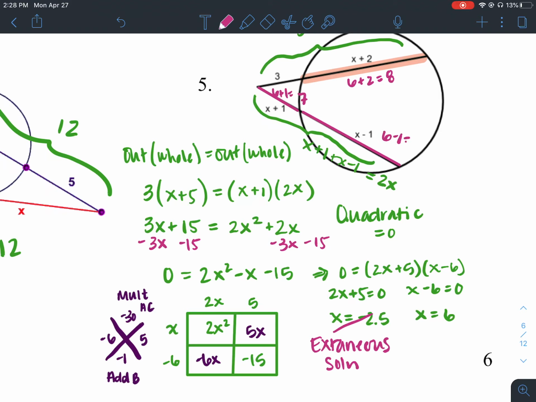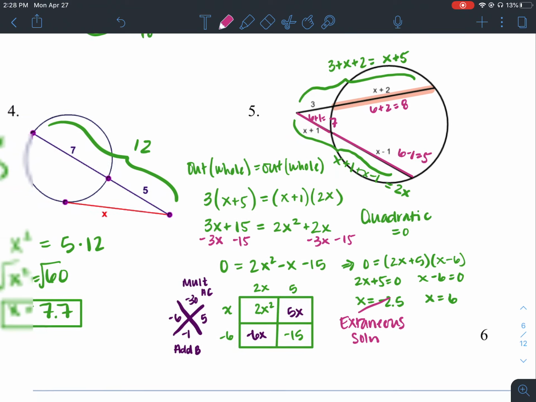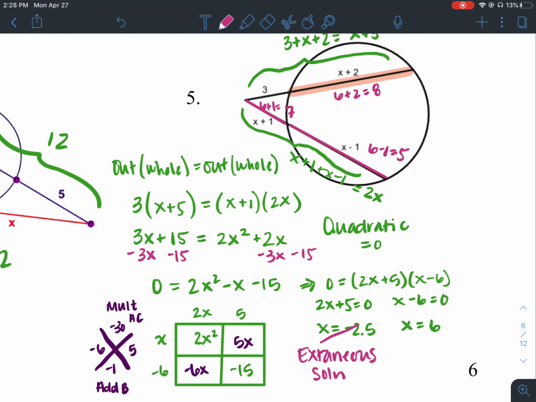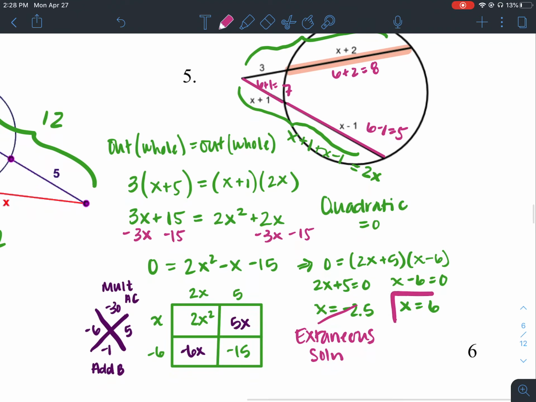This would be 6 minus 1, or 5. And again, might not look like it because we're not drawn to scale, but 5 is definitely an okay segment length to have. So every segment that included an x, I tested them all. 6 works for all of them. So 6 alone is my answer.